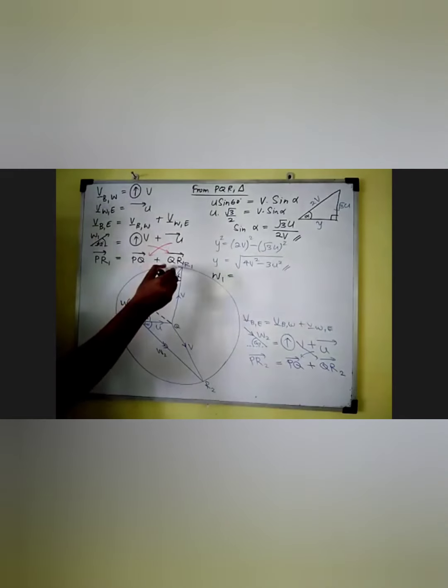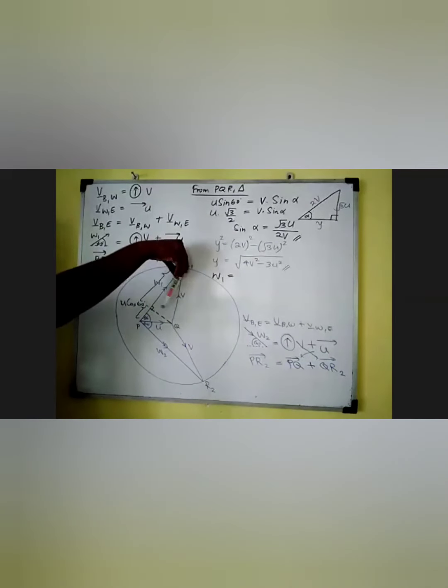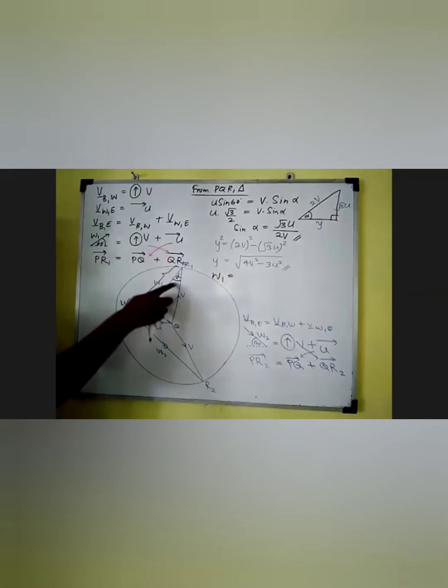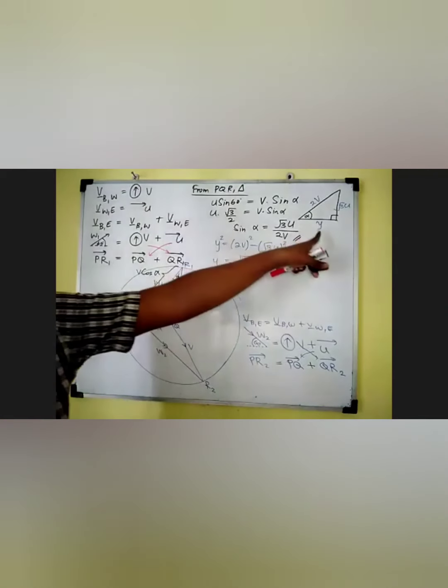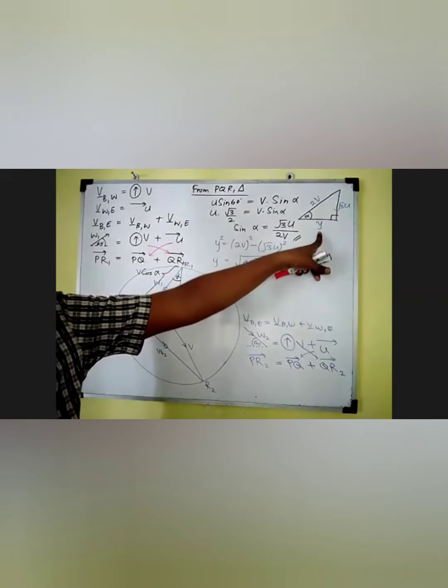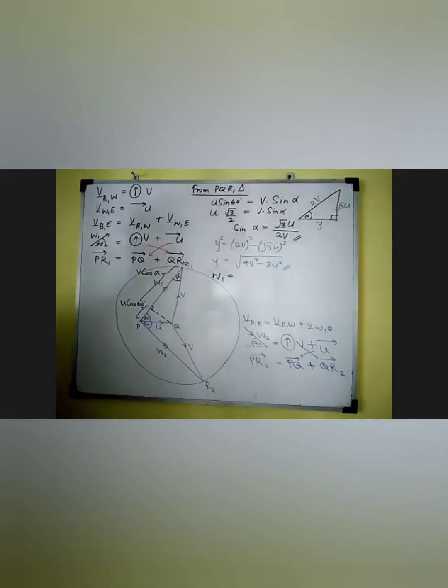Then from here to here, resolve this v like this, v cos alpha. Now from this triangle I can find cos alpha. Adjacent, hypotenuse, both are given.